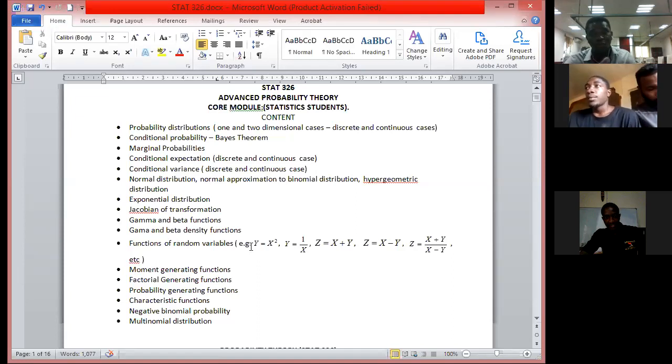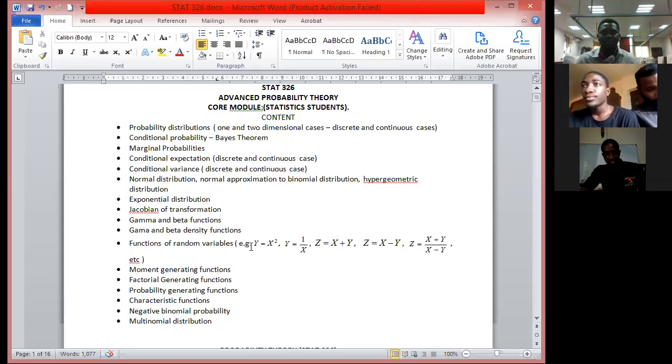So we look at factorial generating functions also, and characteristic generating functions. We do binomial, negative binomial, and marginal distribution. So this is the course outline that we'll be targeting, and we will ensure to cover all.